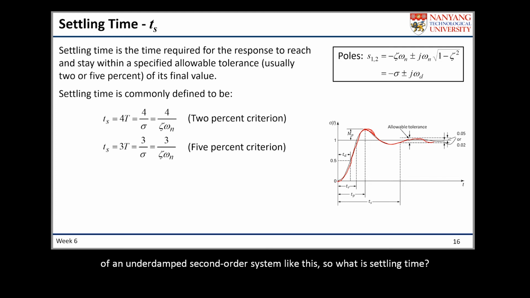Settling time is the first instant when your response reaches and stays within a specified allowable tolerance window. This window can be 5% of the steady state value, or it can be 2% of the steady state value, depending on what convention you want to use.